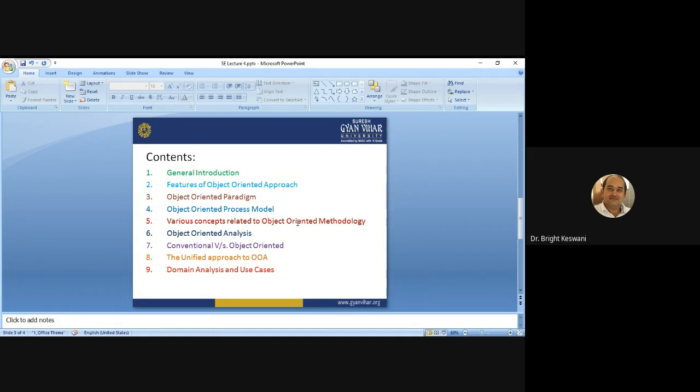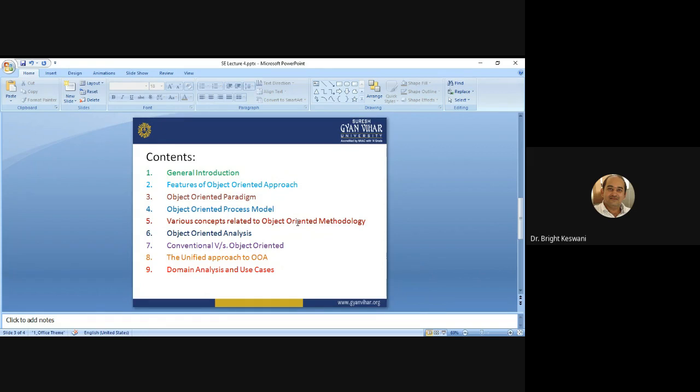Object-oriented database systems are part of the object-oriented approach. And lastly, object-oriented computer aided software engineering, OOCASE, is the technology associated with the object-oriented approach. So there are some technologies involved within the object-oriented approach.